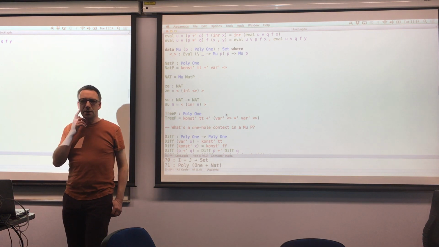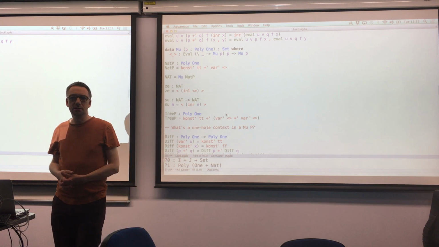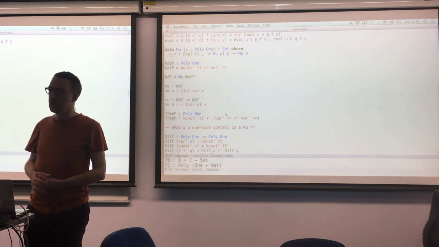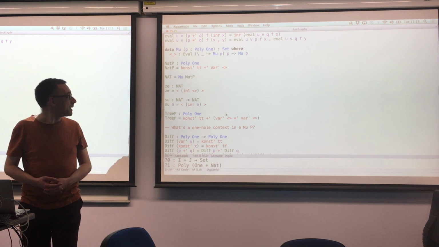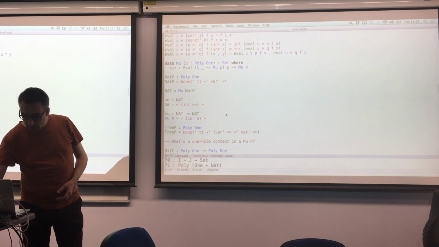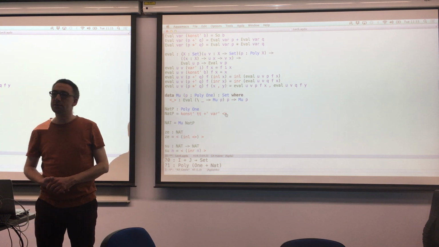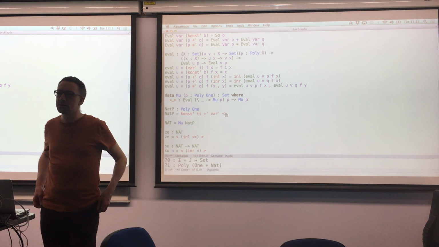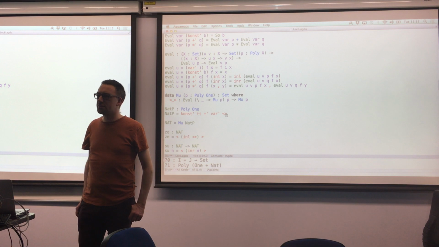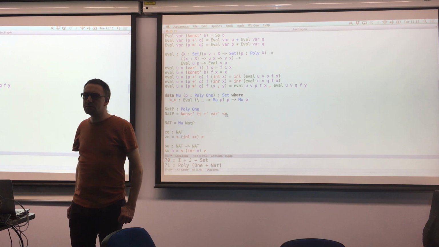But what if we wanted to build something like lists? Remember, our language of polynomials only has constants, which are 0 or 1. How could we say that lists have elements?